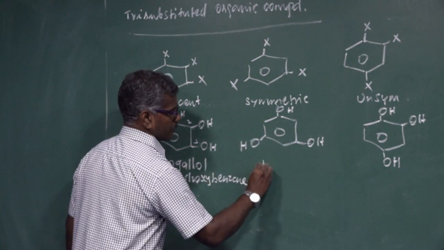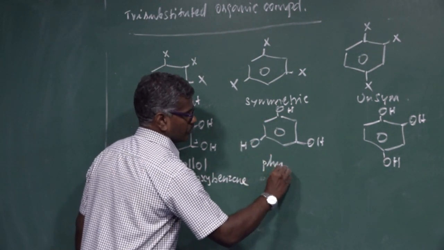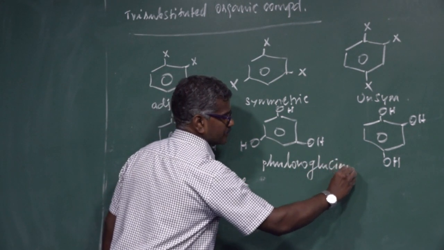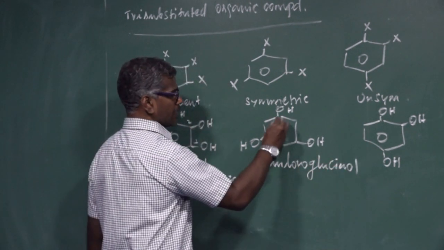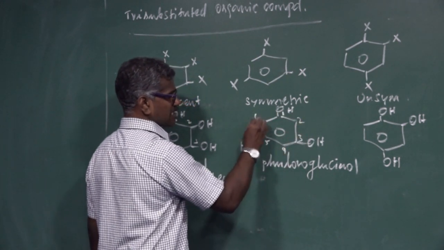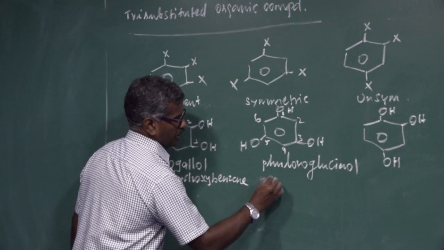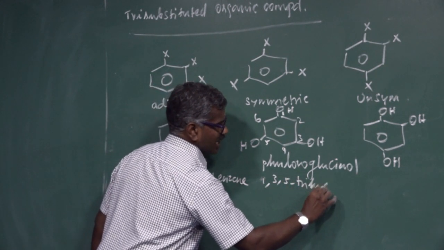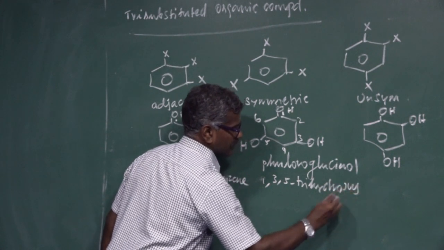This one is phloroglucinol as a common name. IUPAC name 1, 3, 5-trihydroxybenzene.